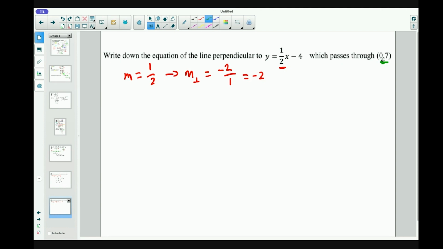So we can see here that the point 0, 7 is actually our y-intercept, which means that c is equal to 7. And we have an m, our gradient, and we have a c value. Well, we can just plug that into y is equal to mx plus c. So this gives us y is equal to negative 2x plus 7.